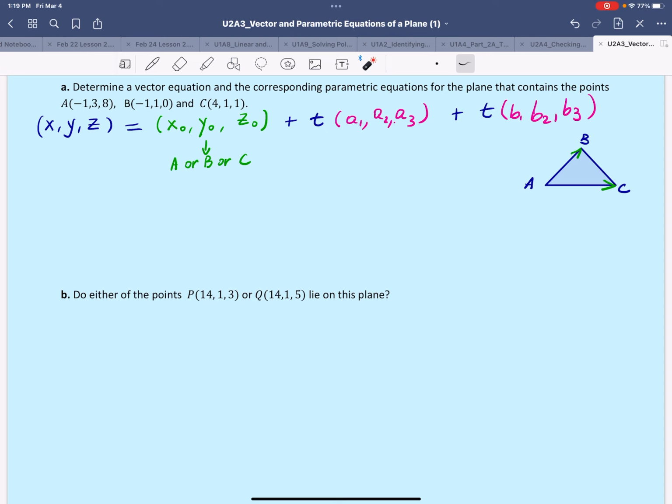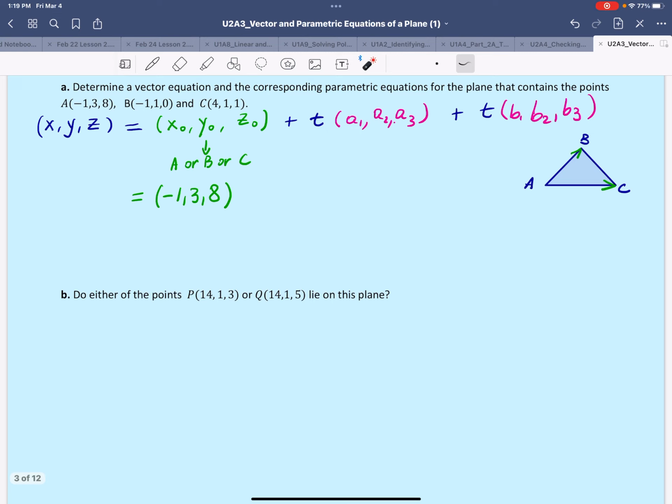For the starting point or starting vector, I'm going to choose point A. So -1, 3, and 8. And again, that's not the only point, which brings us to the idea that there is going to be more than one equation that can represent this same plane.